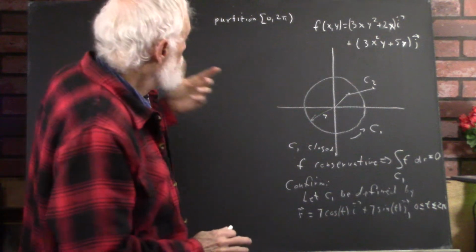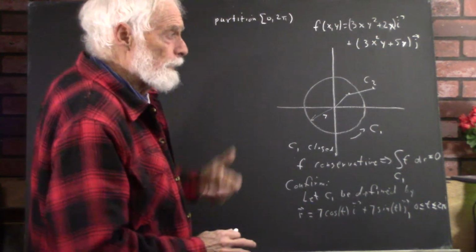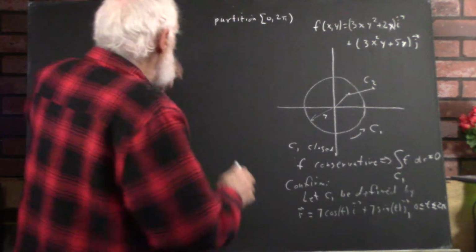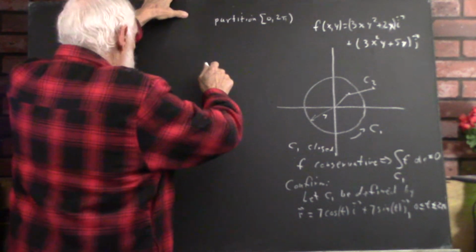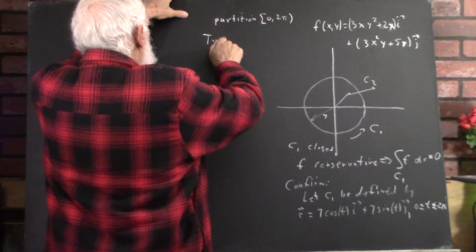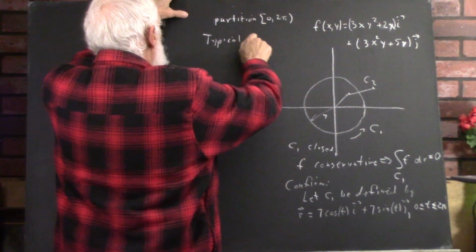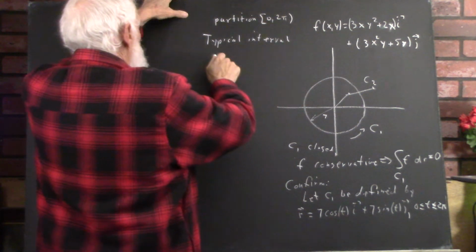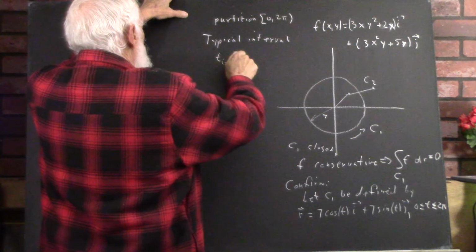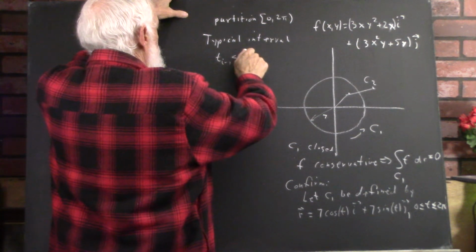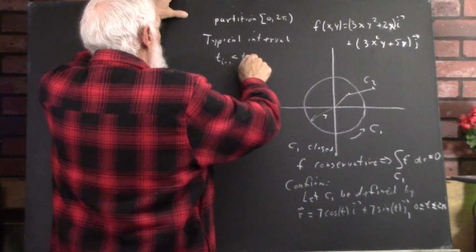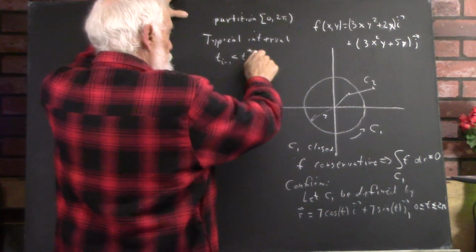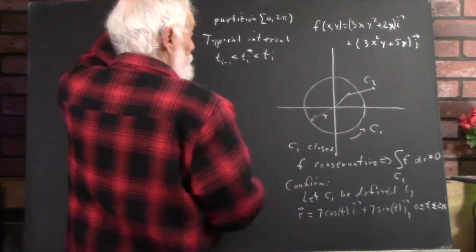Okay, but we want to look at the typical interval t i minus 1 less than t i star, which is our sample point, less than t sub i.